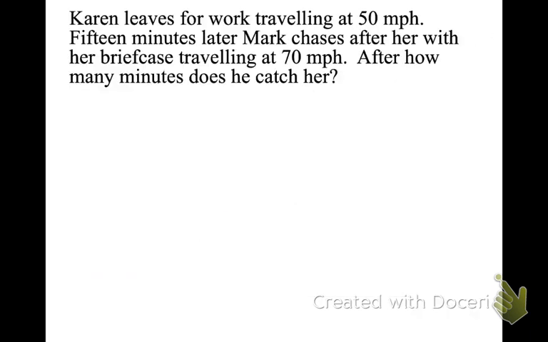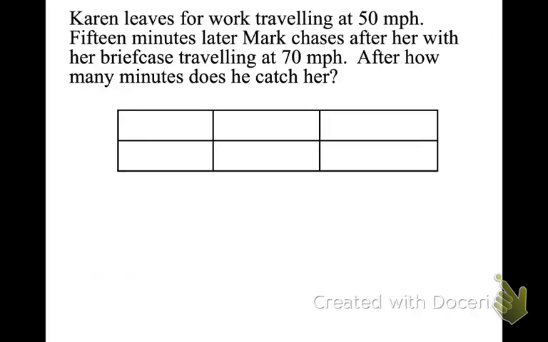Okay, the next one. Karen leaves for work, traveling at 50 miles per hour. 15 minutes later, Mark chases after her with her briefcase, traveling 70 miles per hour. After how many minutes does he catch her? So I'm going to draw it. We can walk it out, but I'm going to draw it.